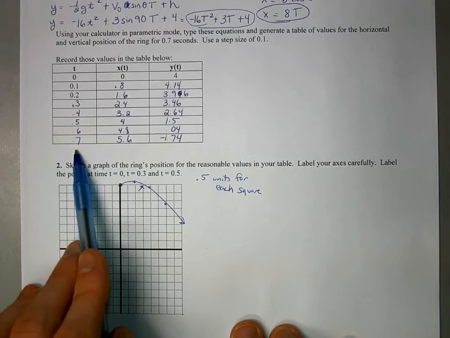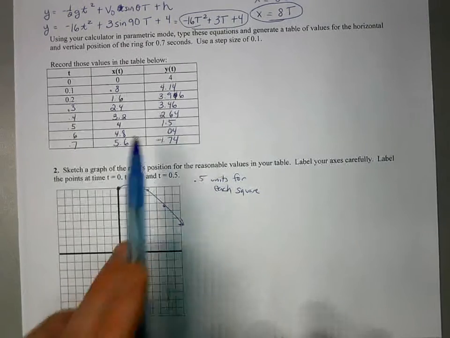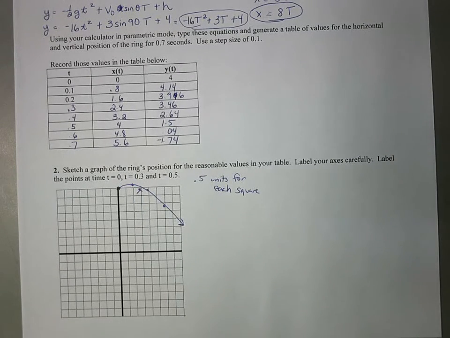So somewhere between 0.6 and 0.7 seconds I hit the ground, because this negative 1.74 is telling me I'm 1.74 feet beneath the ground. So at some point between 0.6 and 0.7 is when the ring actually hits the ground, I should say.